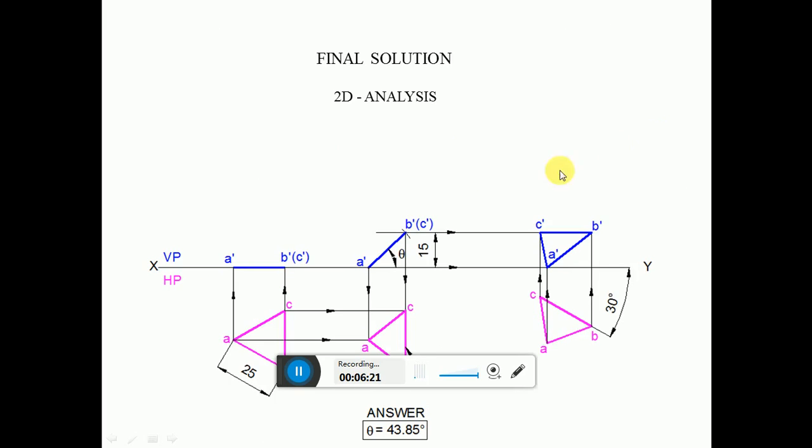Here the corner is resting on HP. The side opposite to the corner is above HP by 15 mm, and the side which is above HP by 15 mm is inclined at 30 degrees to VP, and it is an equilateral triangle of 25 mm side. This is how I can analyze my problem.